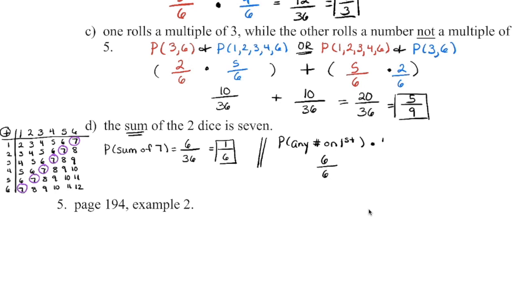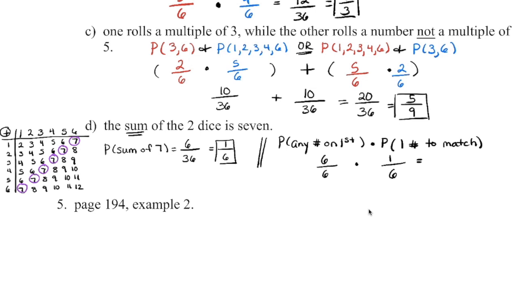And on the second dice, I need one number to match. So basically, if I roll a 4 on the first dice, what do I need to get on the second dice to get to 7? I need a 3. If I roll a 5 on the first dice, I need a 2 to add to 7. So out of these 6 sides, there's only one that's going to match.